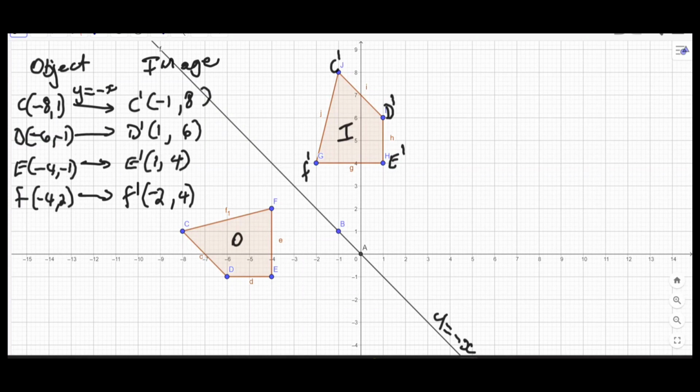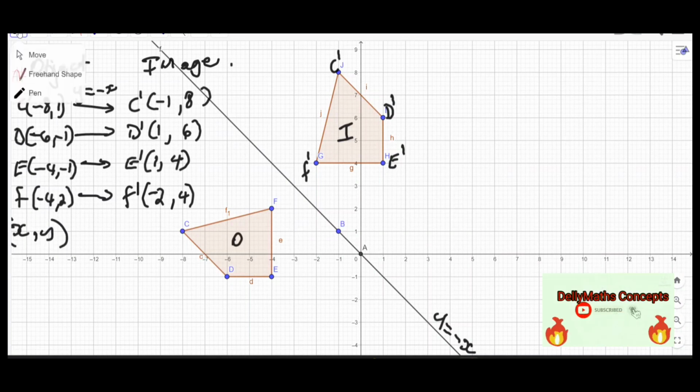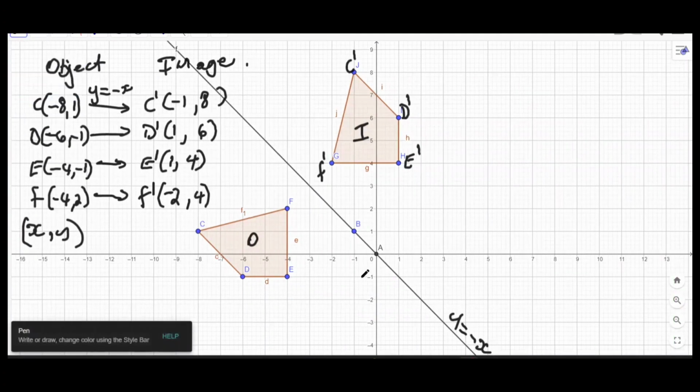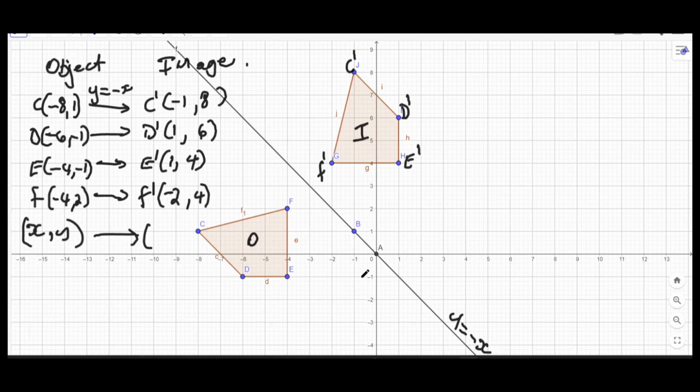For example, if I have x, y as my coordinate, when it's reflected in y equal to -x, then what we're going to have is the y at the front and the x goes behind. But the signs would have changed for both of them, right?